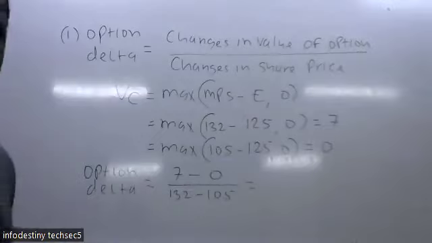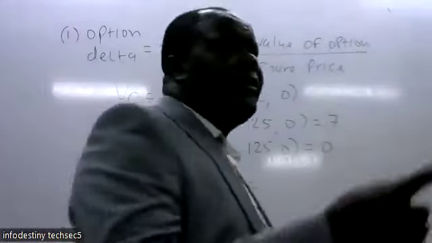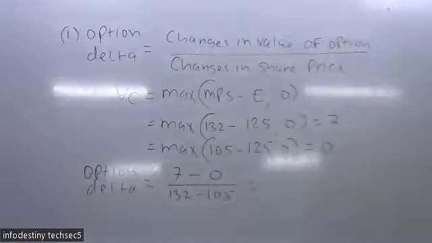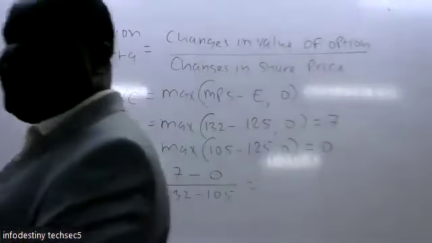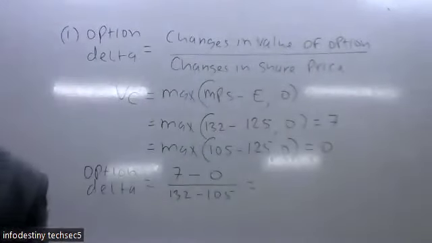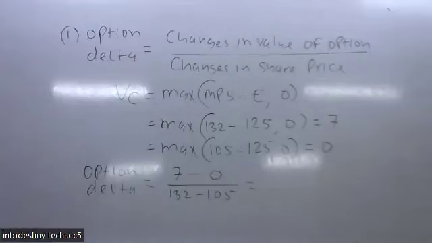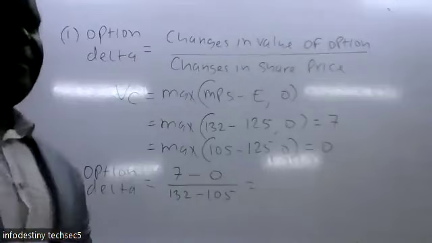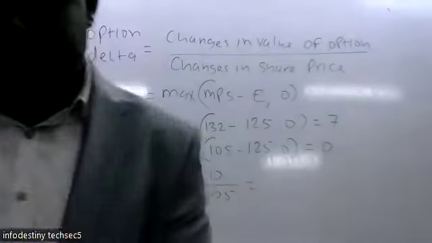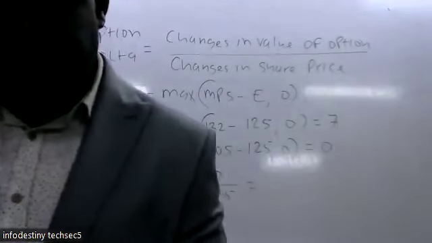Remember, you round it off to 4 decimal places because option delta is a discounted rate.